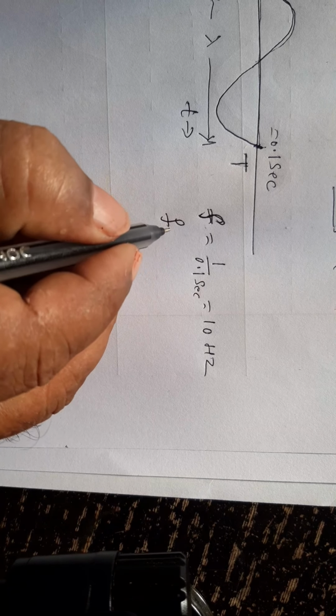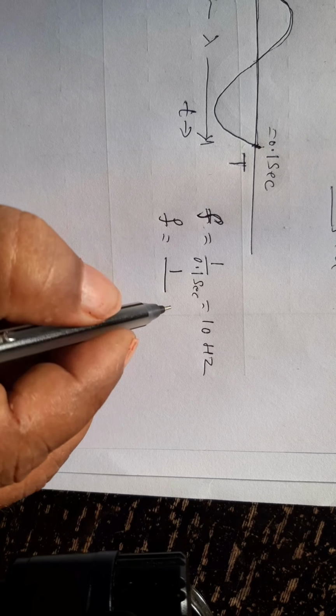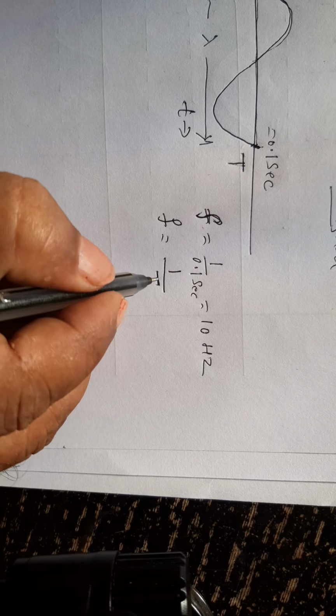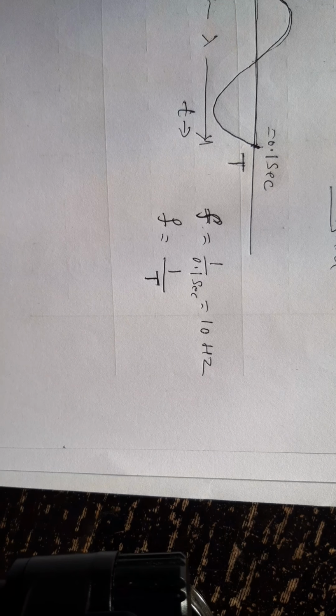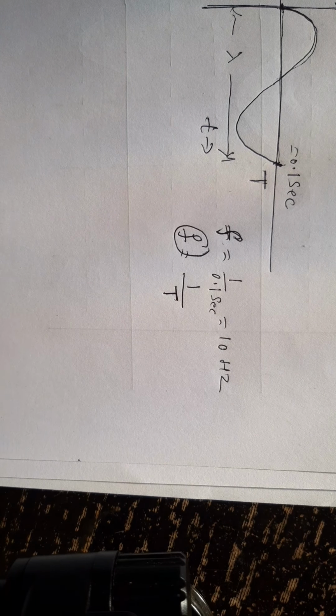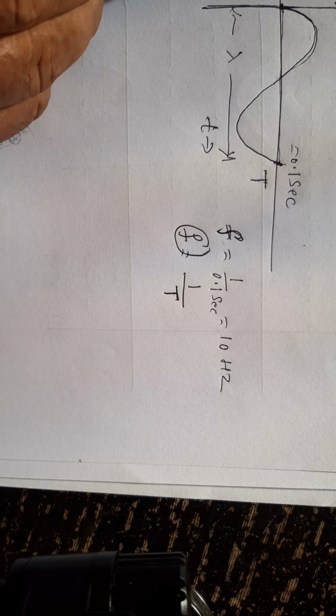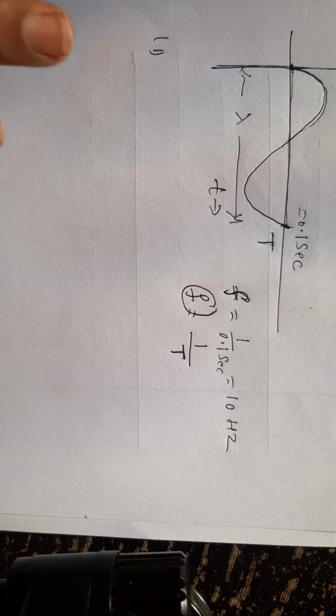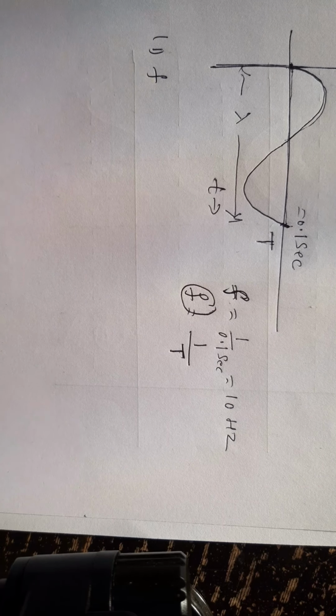Therefore, we can say that f is equal to 1 by T, where T is the period of one wave. Now, this is one characteristic of a given wave. One important characteristic of a wave is the number of waves that occur in 1 second, known as frequency. So the first characteristic is called frequency.